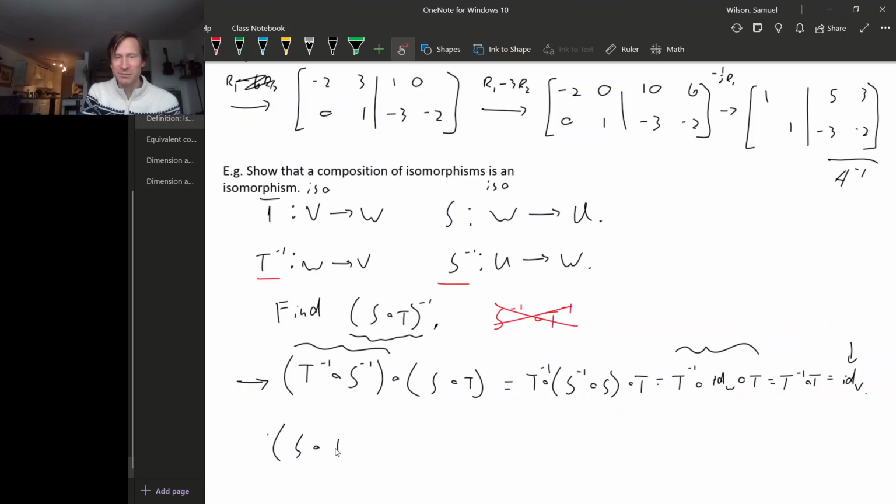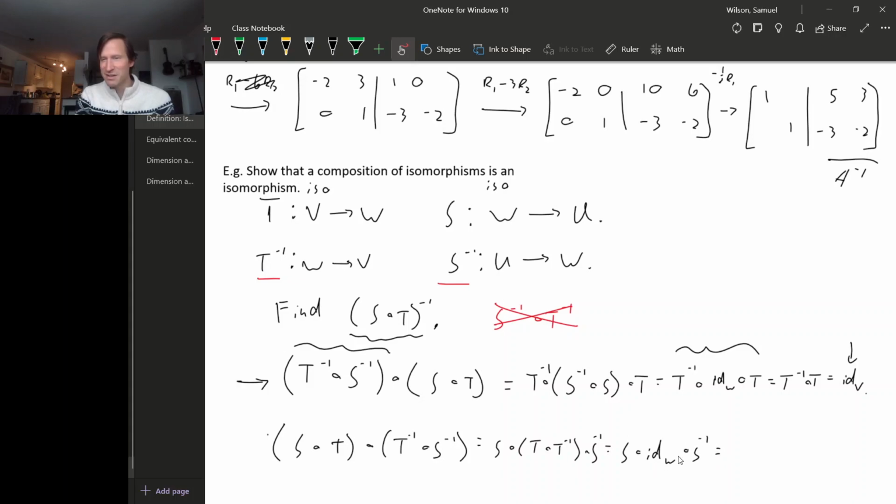So what about S composed with T, composed with T inverse, composed with S inverse? But this is going to work out the same way. We can write this as S composed with T inverse, composed with S inverse. T composed with T inverse is the identity on W, composed with S inverse.